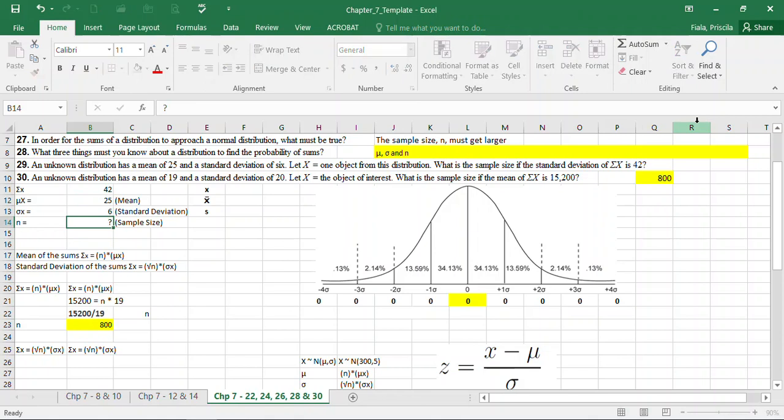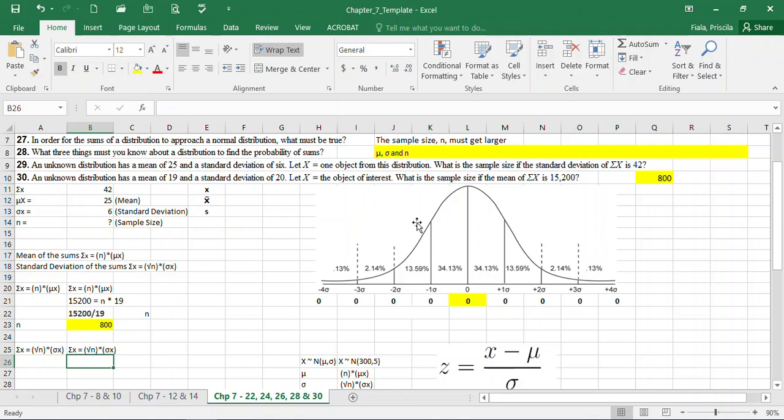It has a mean of 25 and a standard deviation of 6. What is the sample size if the standard deviation of the sums is 42? So let's use the formula for the standard deviation of the sums, which I put down here. Let me copy it. We don't have the sample size, so this is the value we're going to be solving for.